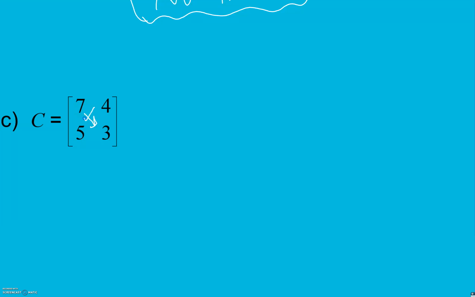Same thing here, let's check. 7 times 3 minus 4 times 5. 21 minus 20. The determinant of A is 1.